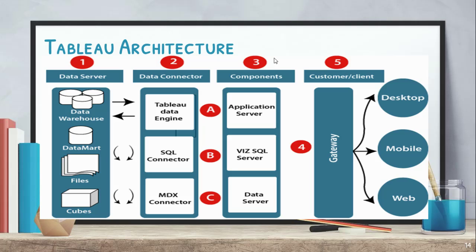So it has two types: real-time data or live connection, and extracted or in-memory data. The first one, it can connect with real data by linking to the external database directly. It uses the existing database infrastructure by sending dynamic multi-dimensional expression MDX and SQL statements.